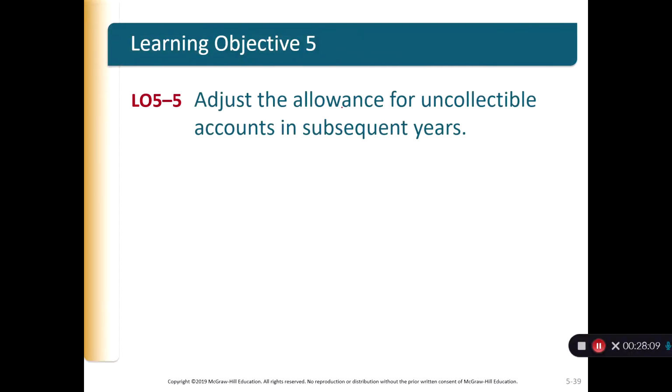Okay, so adjustment for allowance for uncollectible accounts in subsequent years is step 3. To restate, step 1 is estimating how bad our uncollectibleness is, which we establish by debiting bad debt expense and crediting the allowance account.